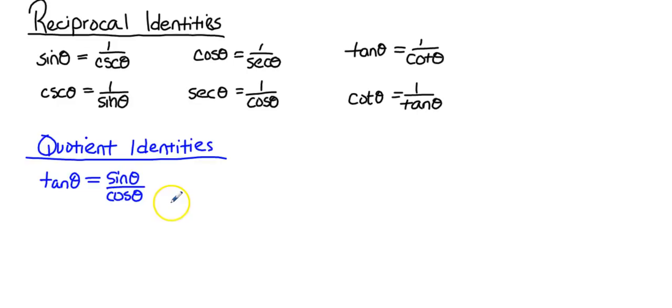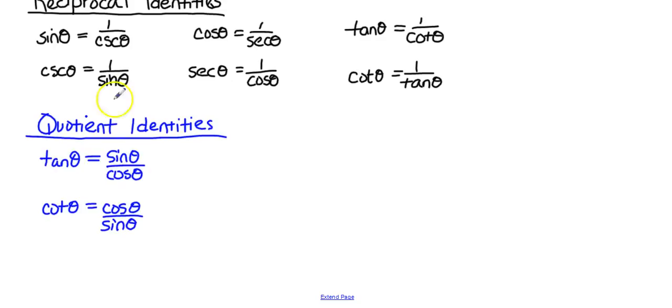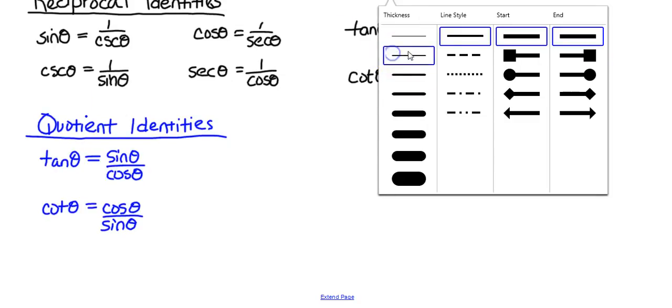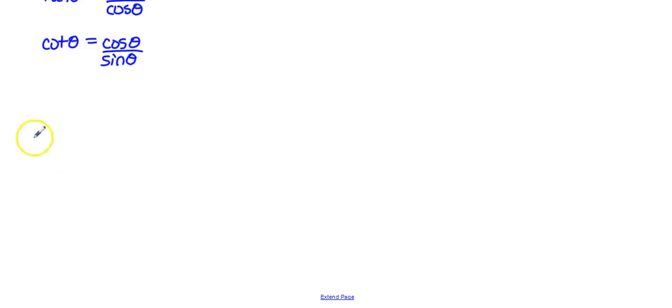So tangent of theta equals sine of theta divided by cosine of theta. Left side will equal right side no matter the value of theta you choose, which means cotangent of theta is, if tangent is y over x, cotangent is x over y, so cosine divided by sine. So we've talked about our reciprocal identities, our quotient identities, and next we are going to discuss our Pythagorean identities.